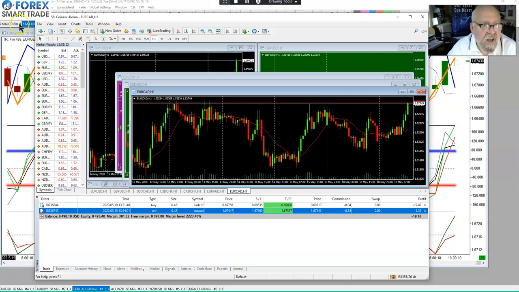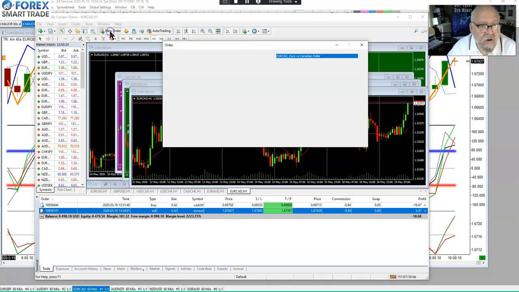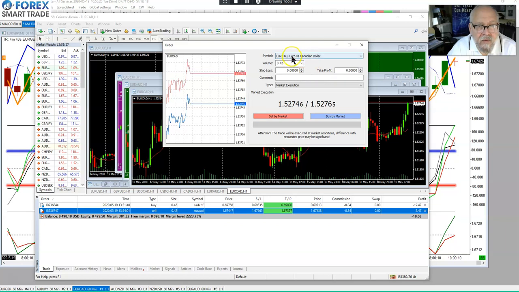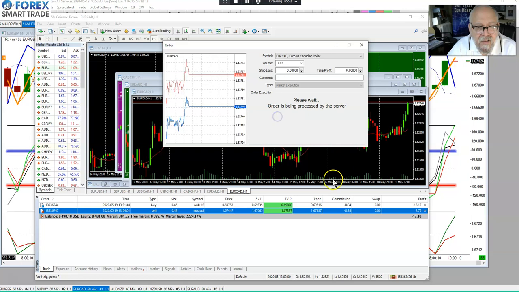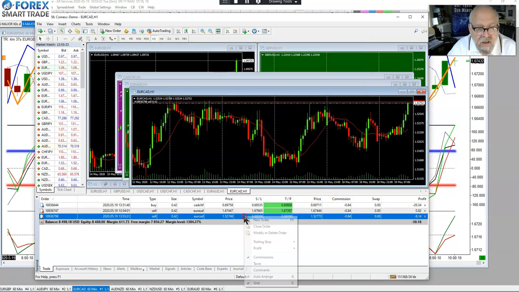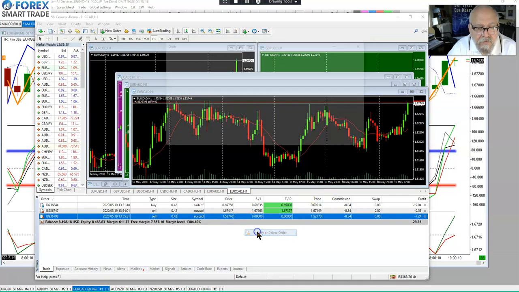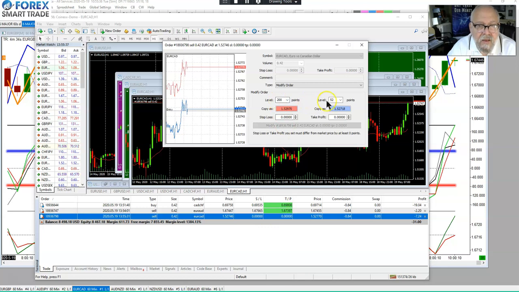Second row, new order. Symbol's okay, volume is okay. It was a sell. I'm going to go down, highlight it, modify. It remembers the parameters, so I'm just going to click the copy as, and then I just want to make sure that I'm getting my full 5.